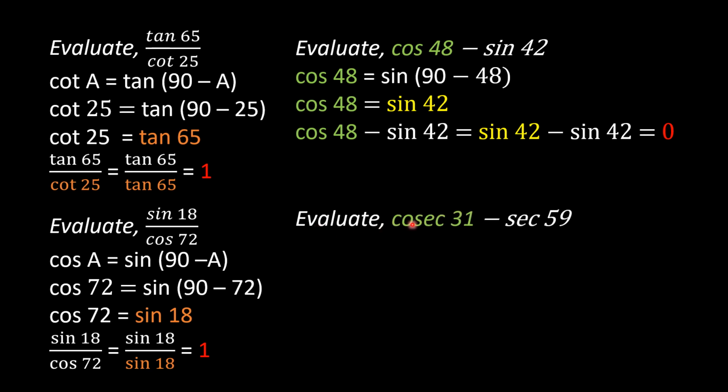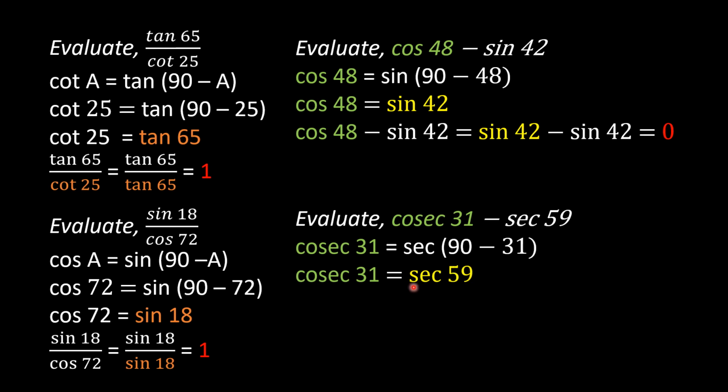Evaluate cosec 31 minus sec 59. Here 31 and 59 are complementary angles. We can change cosec to sec or sec to cosec. We will change cosec to sec and write cosec 31 equals sec (90 minus 31), which will be sec 59.